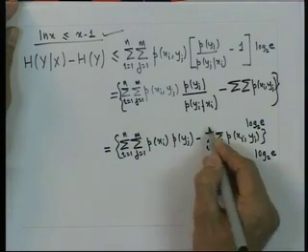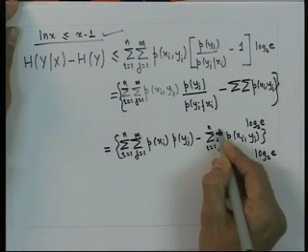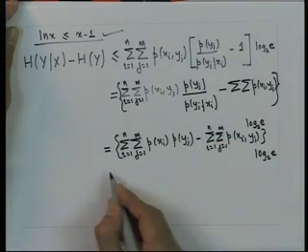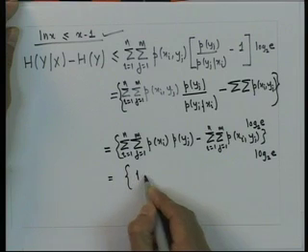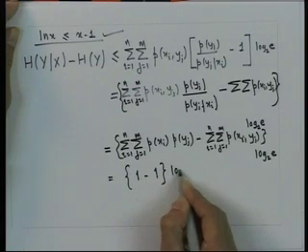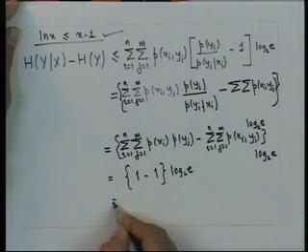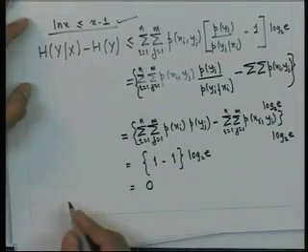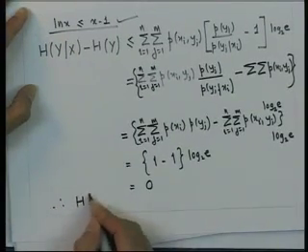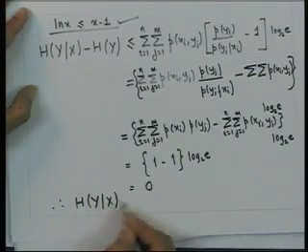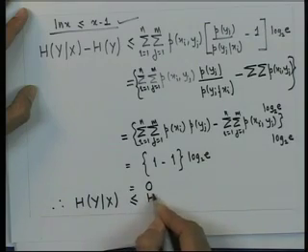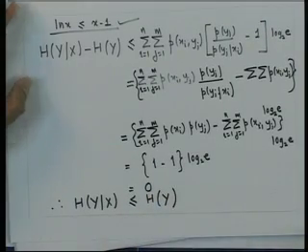Similarly, I will have i equal to 1 to n and j equal to 1 to m. Now, these summations are 1 minus 1, and this is equal to 0. Therefore, what we get is h of y given x is always less than or equal to h of y.